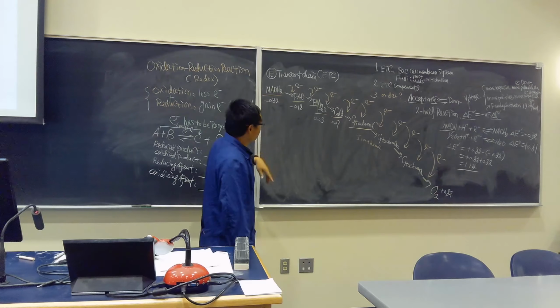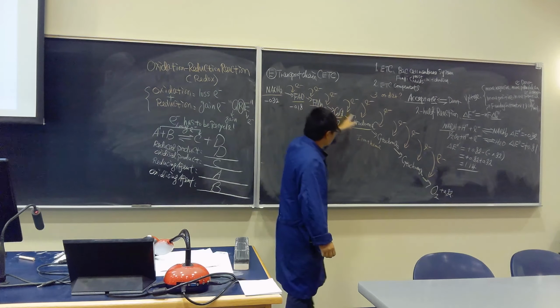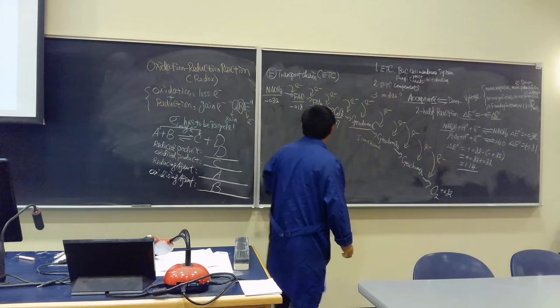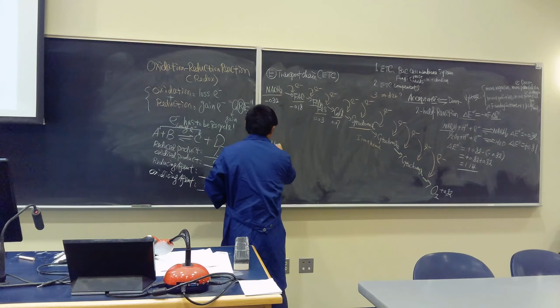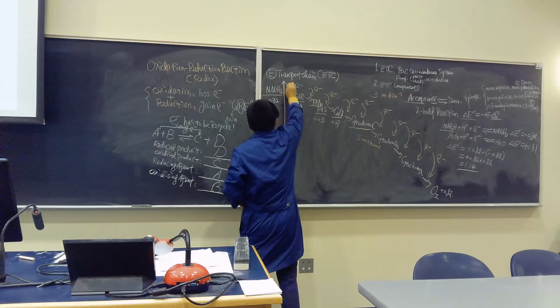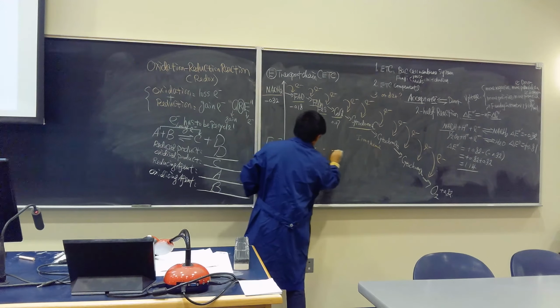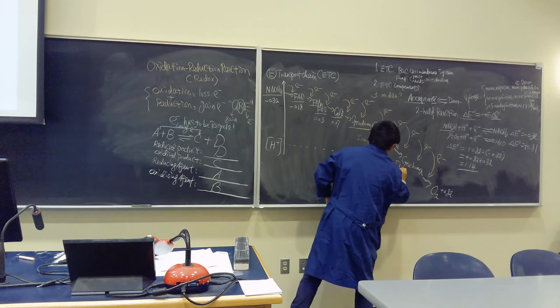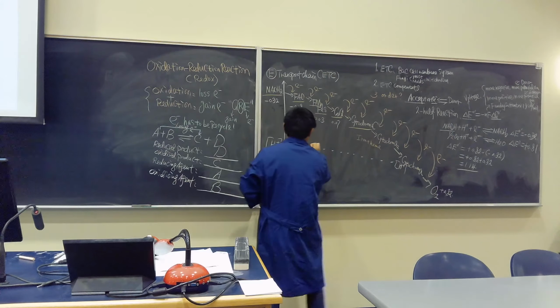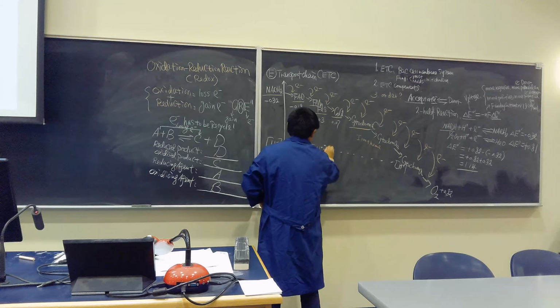How do they do it? Once these electrons are transferring, there is another guy going to go out. Is this guy. Okay, go all the way here. Will go out.